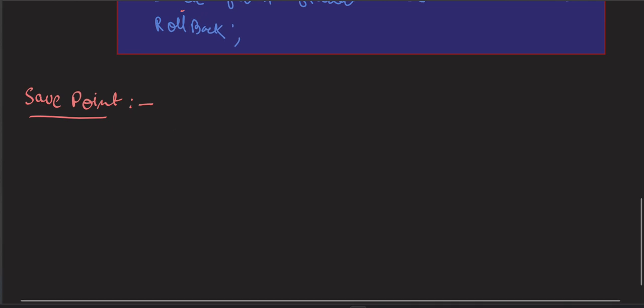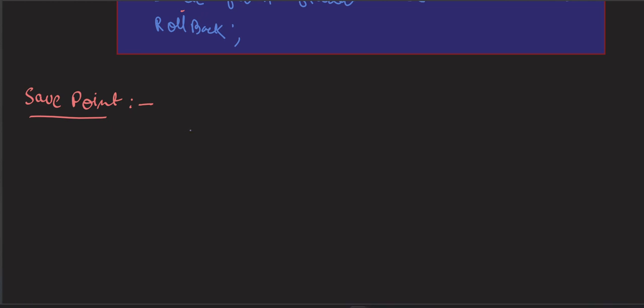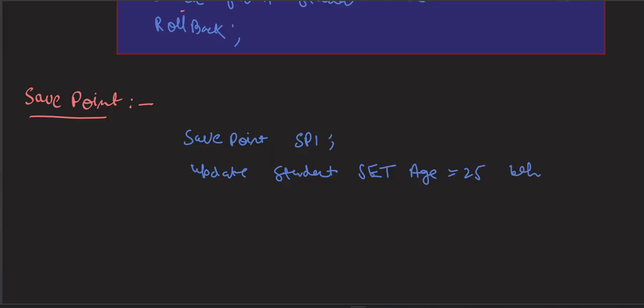You have to write something like SAVEPOINT sp1, then UPDATE student SET age equals 25 WHERE roll number equals 1.